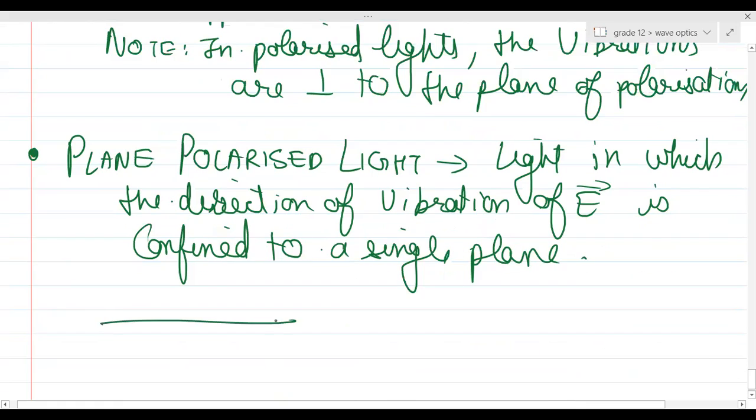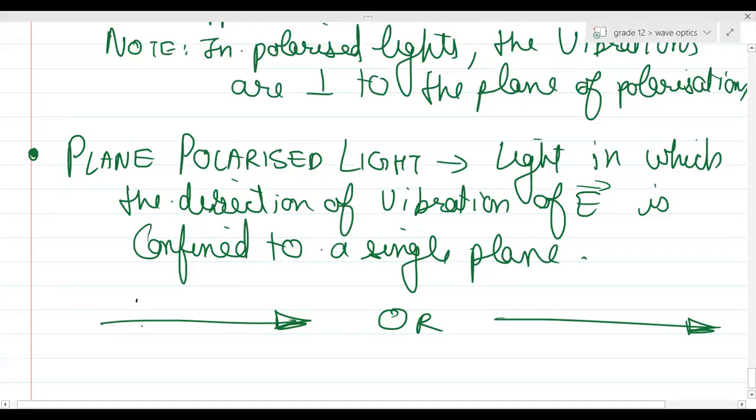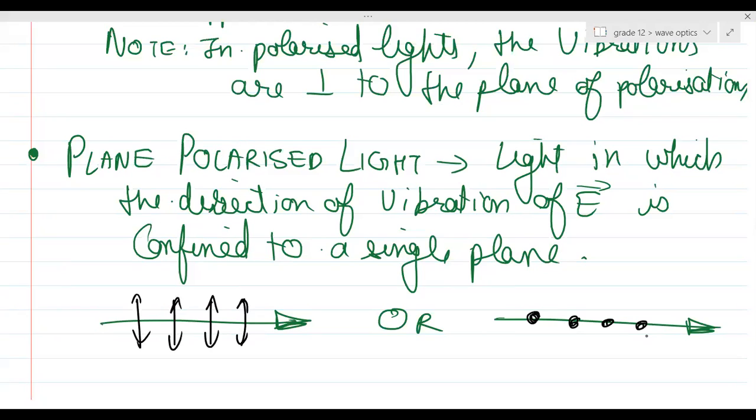We have already given the diagram. It is denoted by either an arrow or a dot. Don't draw them together. Either arrow or dot. Is it clear? This is your plane polarized light. Is it clear guys?